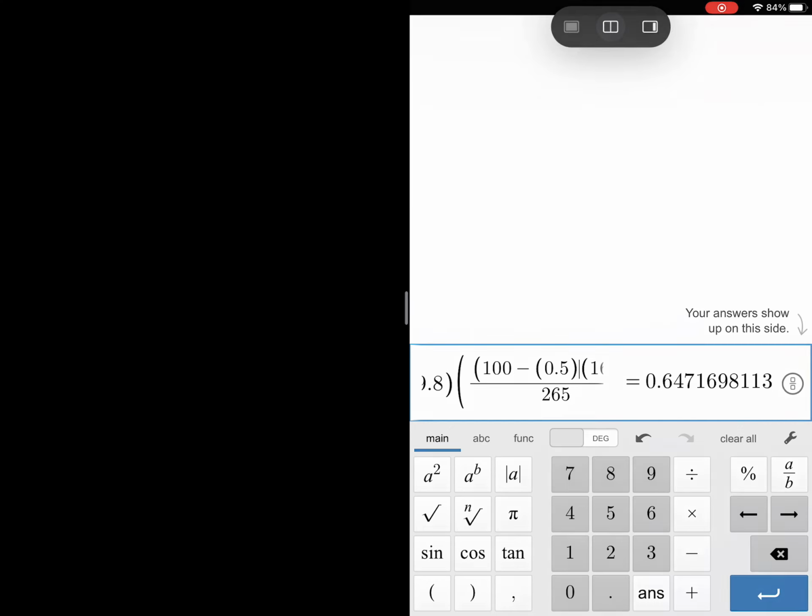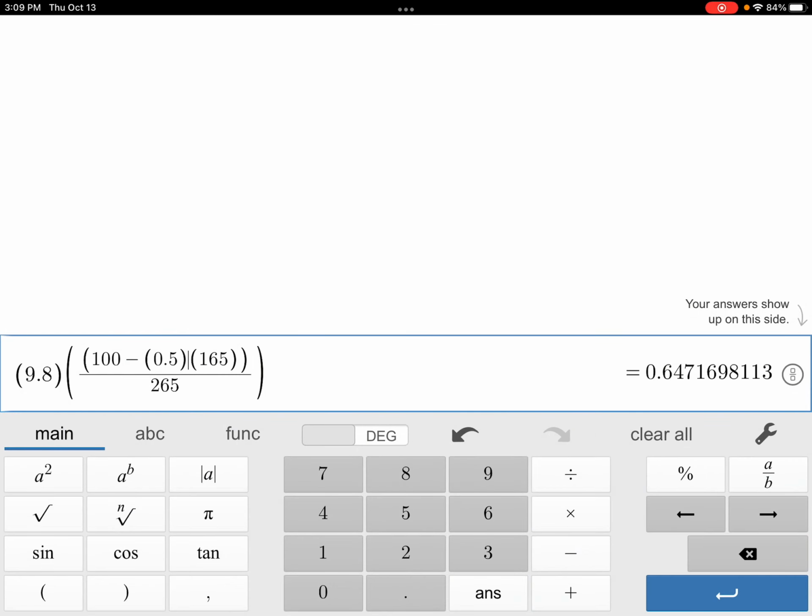Let me make this full screen because I can't see. And yep, there you go. Our answer is 0.647. I'm going to use 3 decimals, to the nearest thousandth. 0.647 meters per second squared.